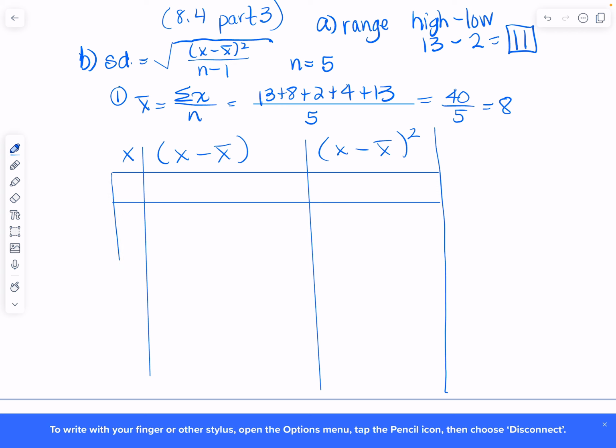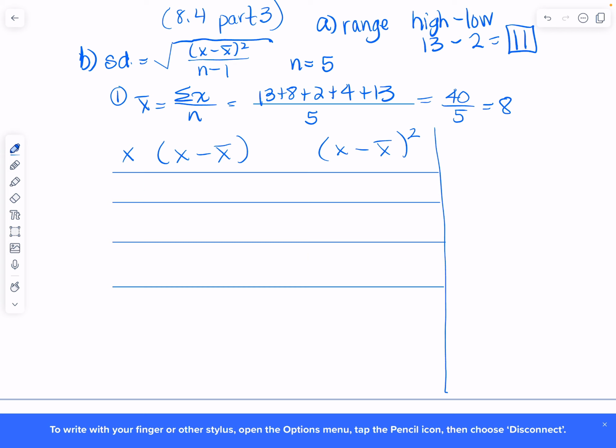Might be a good idea to do this as well. Okay, so 1 row, 2 rows, 3 rows, 4 rows. Oh, I hate when this happens. 4 rows, and then the 5th row. So I'm just going to redraw in the columns really quick.